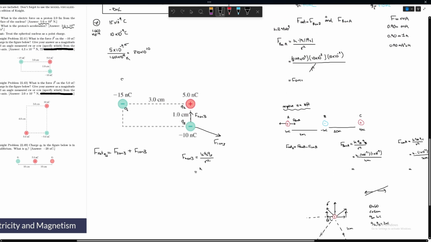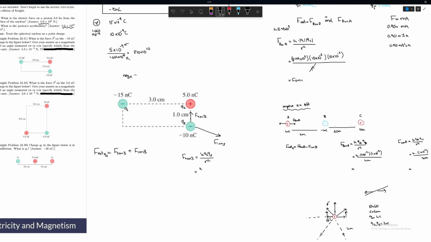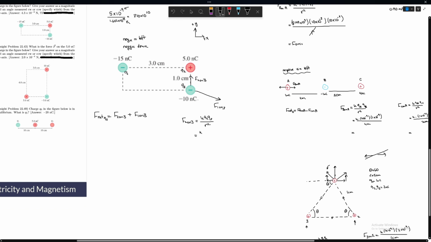Negative in the x means left, and negative in the y means down. You can also do positive y and positive x, so you know where your directions are. That's another way to do it.